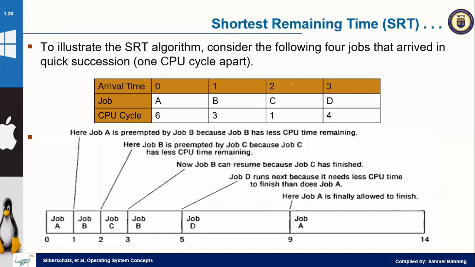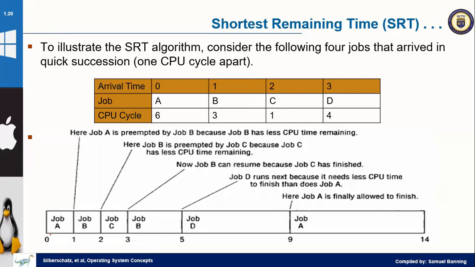At time 2, there is ABC. At time 3, there is ABCD. After that, at time 4 and time 5, when the process scheduler interrupts, there are still jobs A, B, C, D. So that is what the arrival time actually indicates.